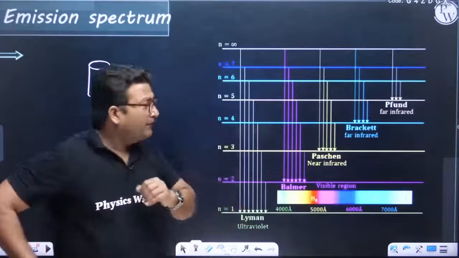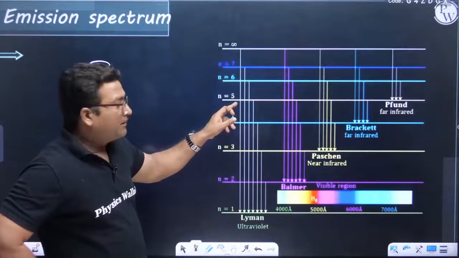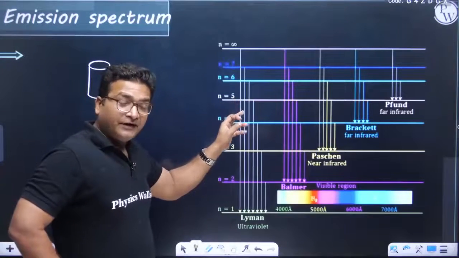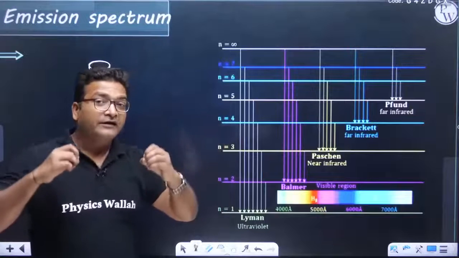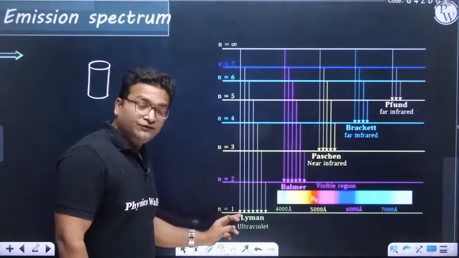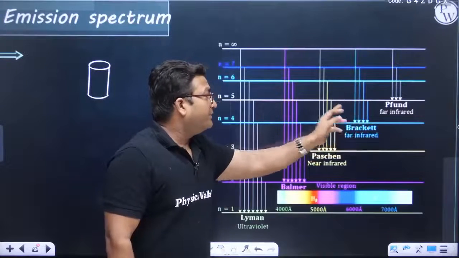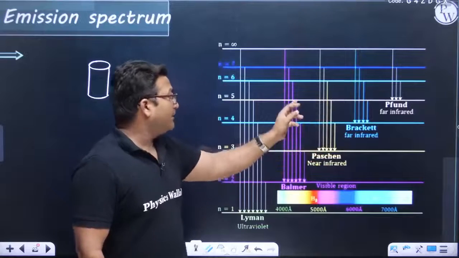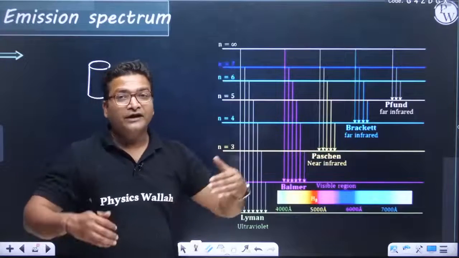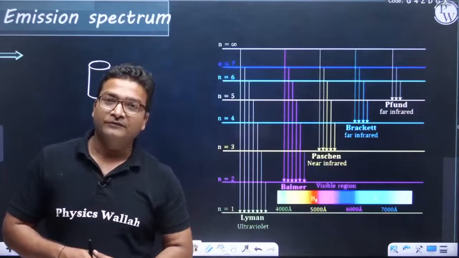Say if some electron is in n equals 5, when it de-excites and gives off energy, it can come down directly to n equals 1, or to n equals 4, or n equals 3, or n equals 2.